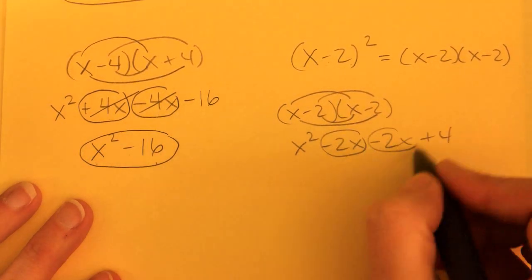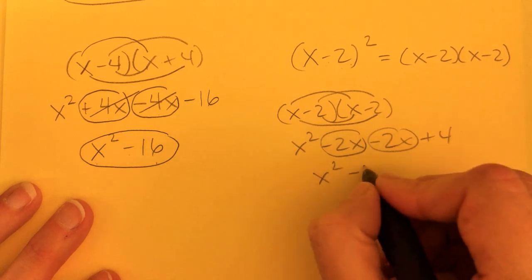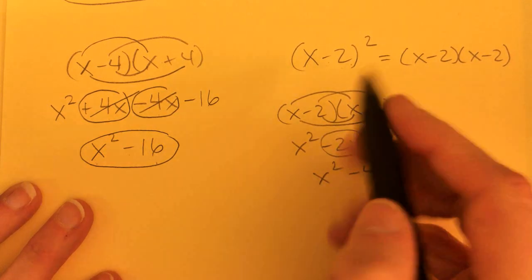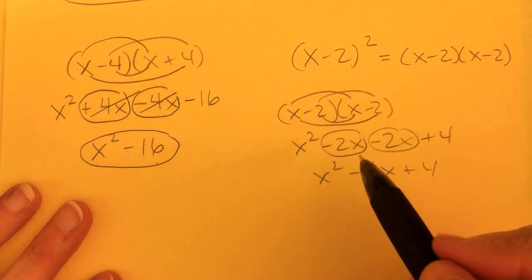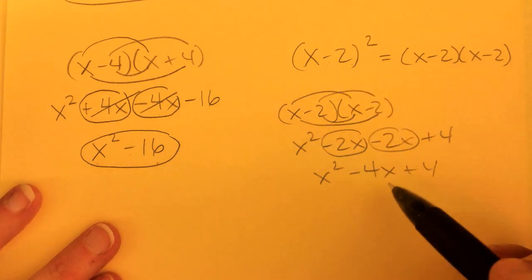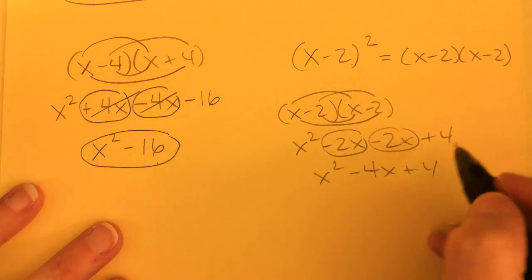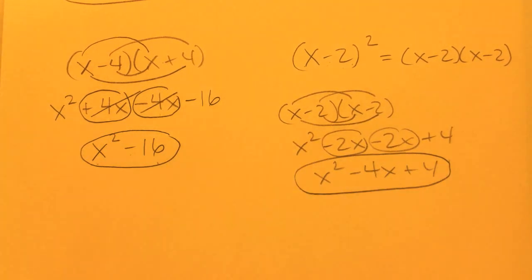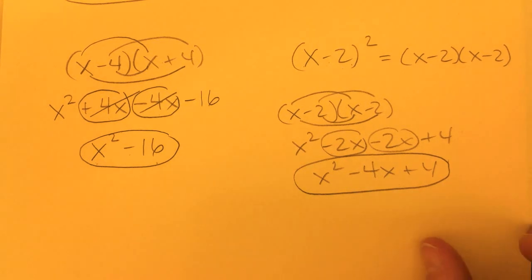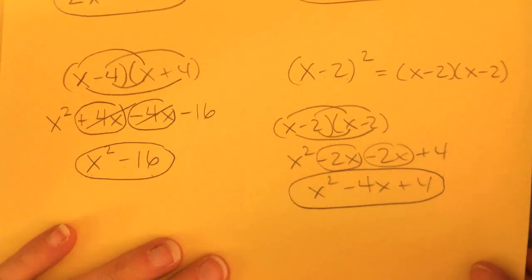When I combine my terms in the middle, I have x squared minus 4x plus 4. This is called a perfect square trinomial because this trinomial results from multiplying a perfect square. Again, we're going to spend time talking about these two cases a little more later this week. All right, that's algebraic distribution.